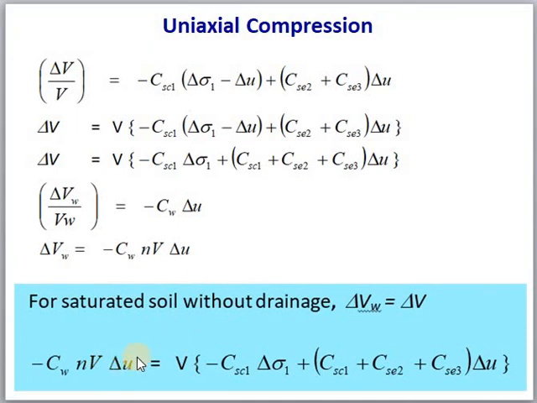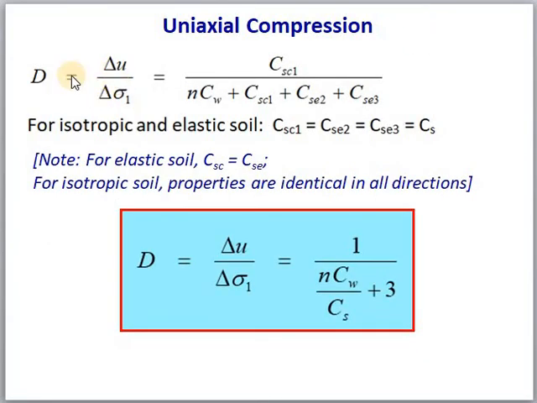So you equate this expression with this, and that you will get here. That expression you can finally simplify as a constant equated as delta U by delta sigma 1, and this is the pore pressure parameter for uniaxial compression.